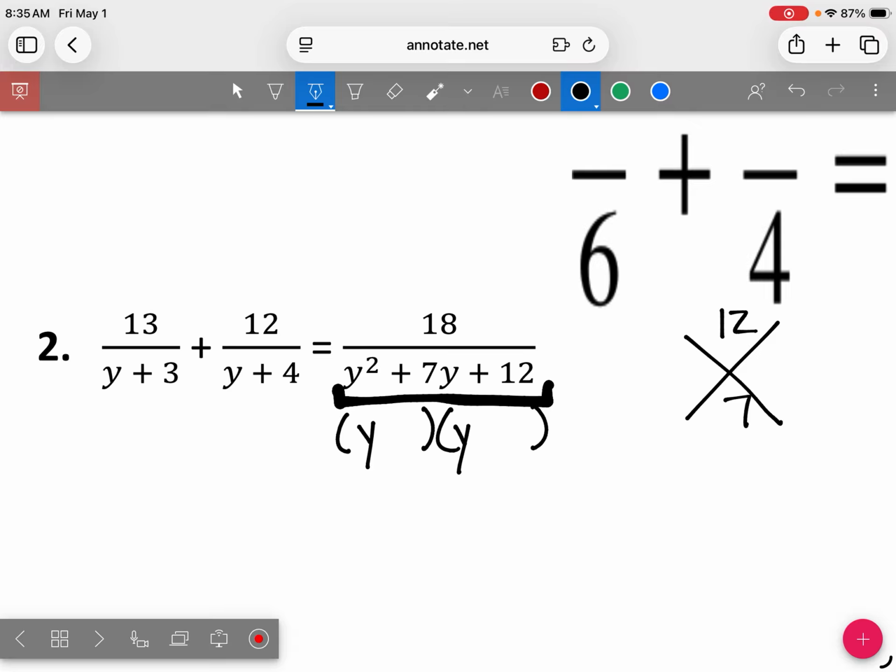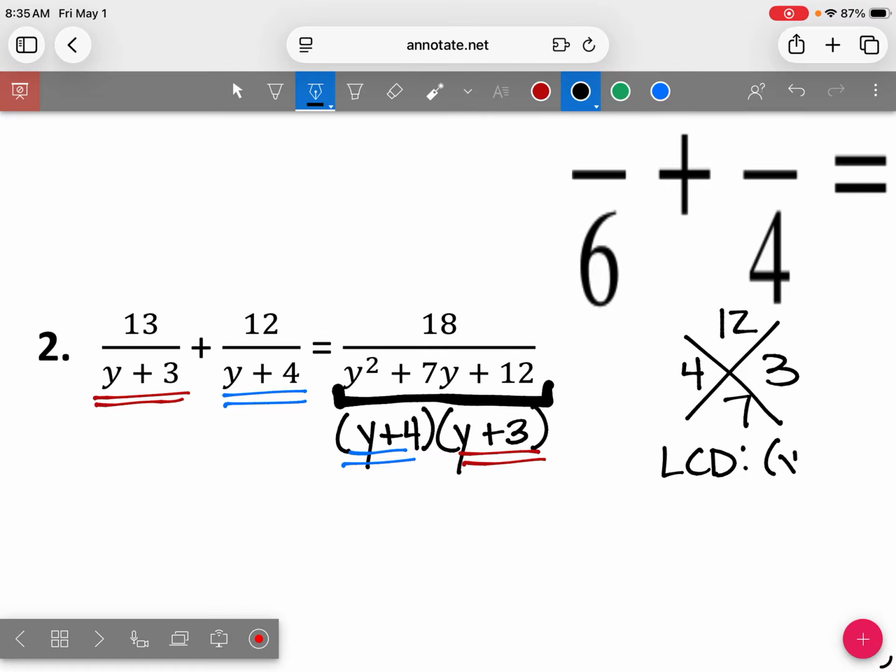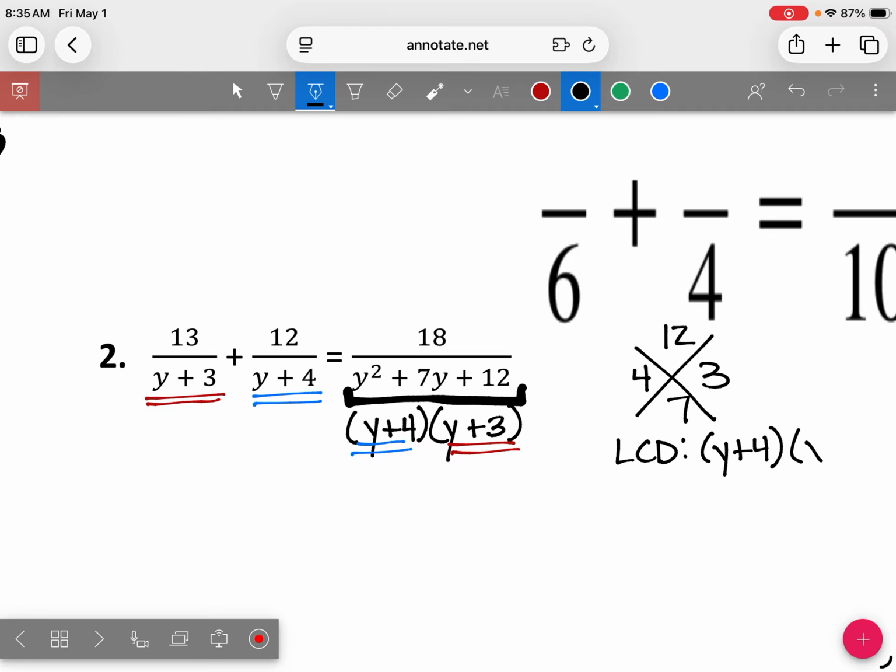So the numbers would be what? 4 and 3. So again, see, I have a y plus 3 and a y plus 3. A y plus 4 and a y plus 4. So my LCD is y plus 4 times y plus 3.